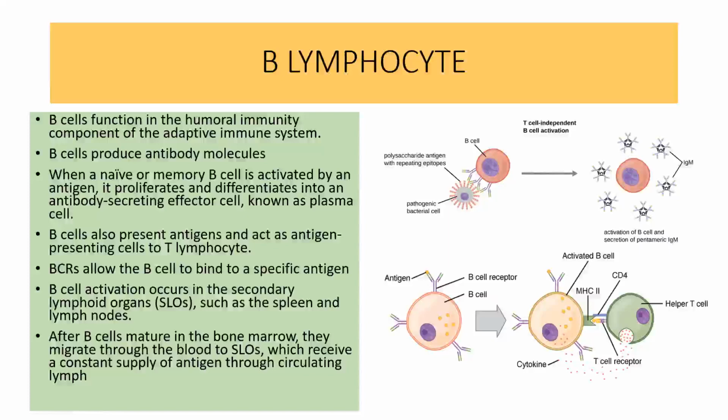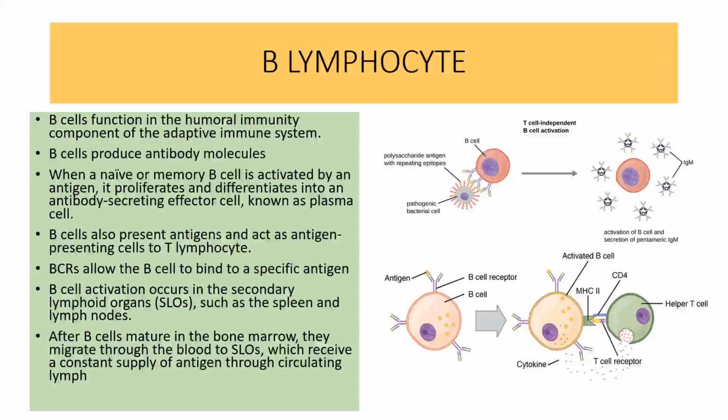B cells function in the humoral immunity component of the adaptive immune response. B cells produce antibody molecules. When a naive or memory B cell is activated by antigen, it proliferates and differentiates into an antibody secreting effector cell known as a plasma cell.